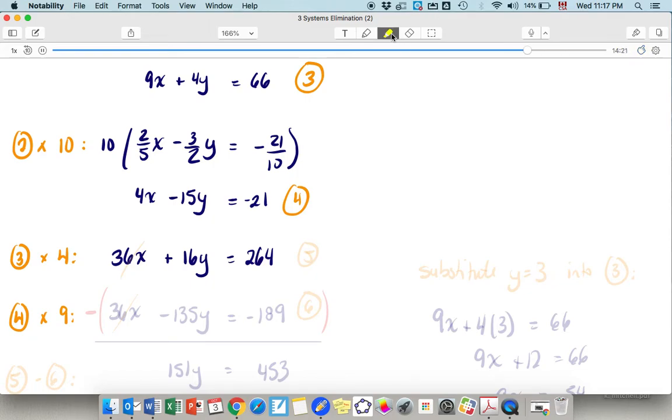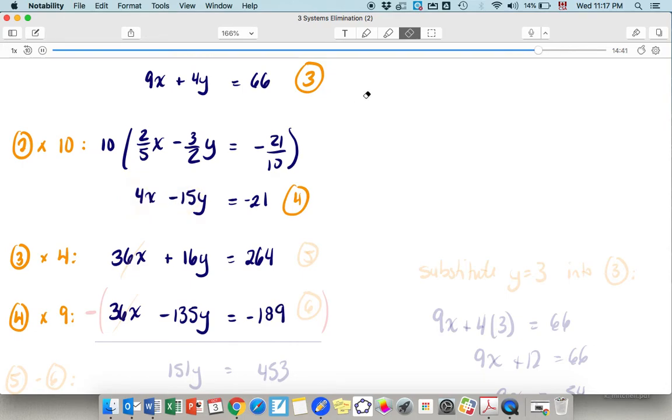I'm going to take 4x times 9. There's my 36x that I was looking for. Negative 15 times 9 is negative 135. And negative 21 times 9, I'm going to get negative 189.